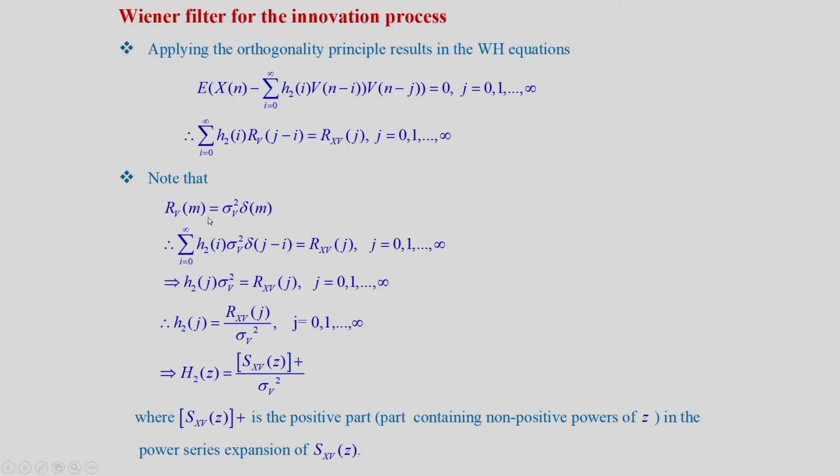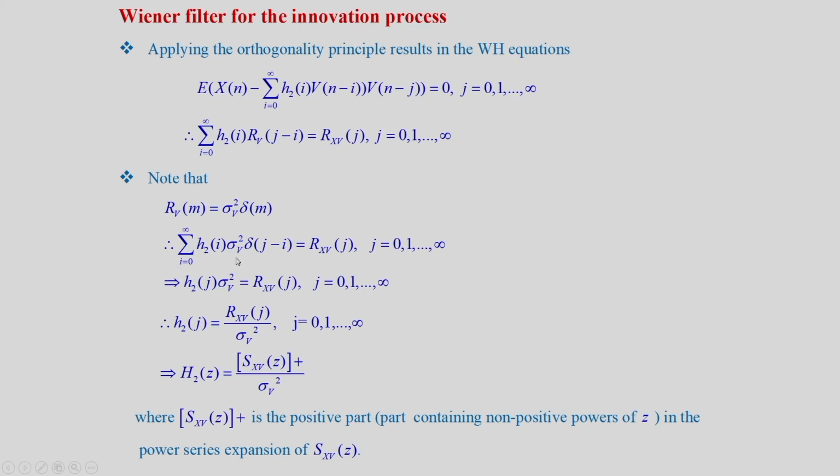Note that Rv of m is equal to sigma v square into delta m. Because innovation sequence is a white noise sequence, therefore, its autocorrelation function is sigma v square into delta m. It is sigma v square for m is equal to 0 and 0 otherwise. Therefore, we will get summation h2i sigma v square delta j minus i, i going from 0 to infinity, must be equal to rxv of j for j equal to 0 to infinity.